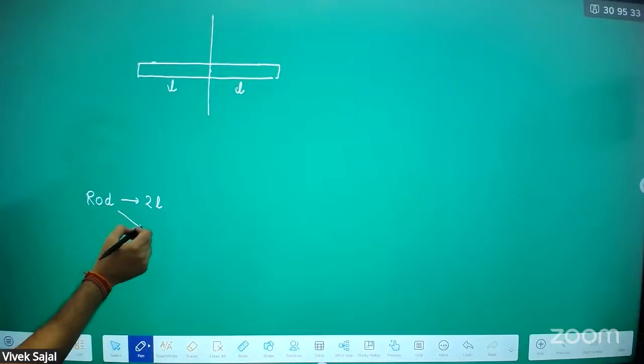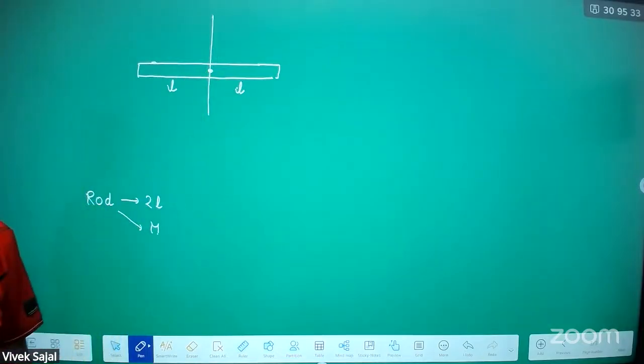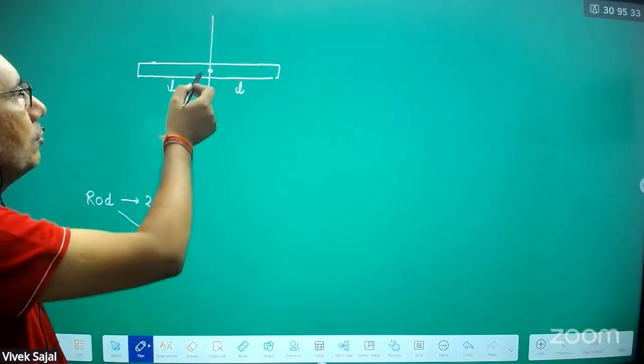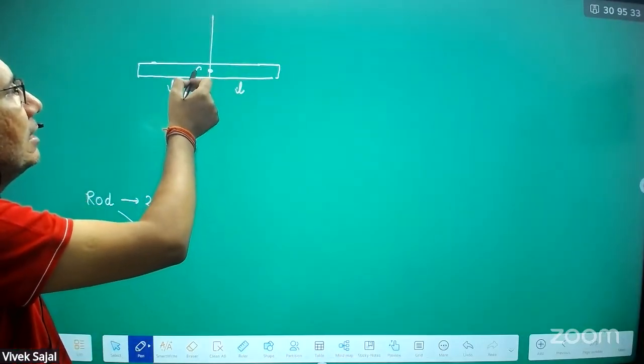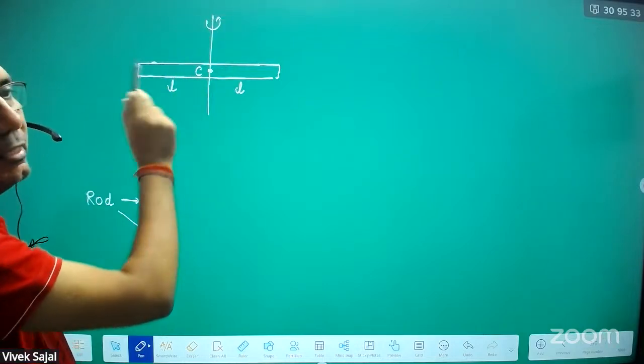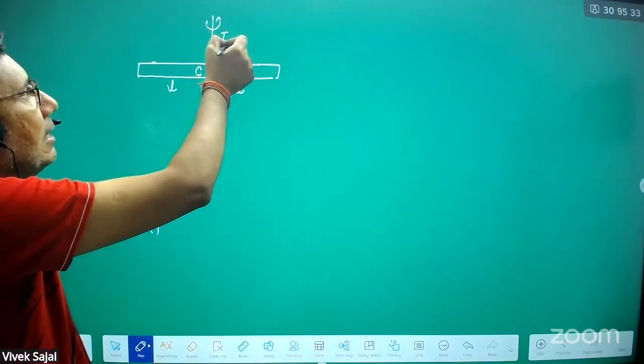What is the mass? I'm choosing its mass as M. So if this is an axis that is perpendicular to this rod, ये क्या है? This is an axis that is perpendicular to the rod and it is passing through its center of mass. Then on rotating this rod about this axis, you will get some moment of inertia that will be IC.